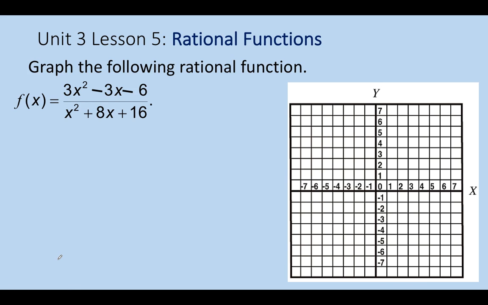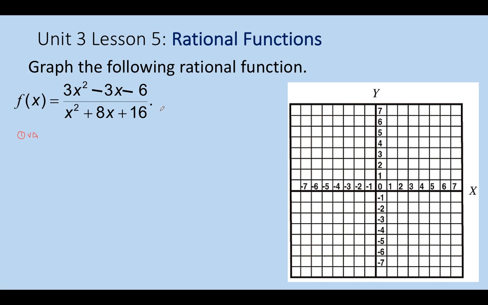So here it is. Here is a situation where the degree is the same on both. And so I know that's going to be a little bit different situation. But let's just go ahead and start with step number 1. Go ahead and find those vertical asymptotes. Okay, so when I look at this, I see that I've got a vertical asymptote.